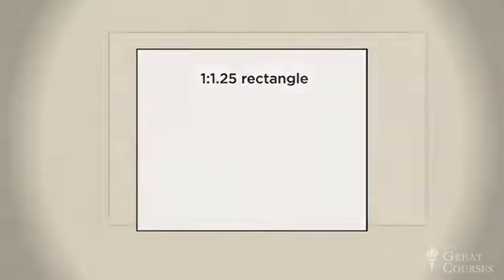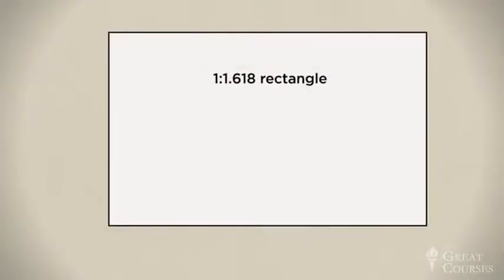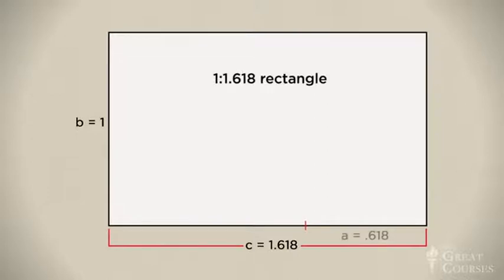In the golden rectangle, there's a real relationship, but it's somewhat complex. The height, B's relationship to the overall width, C, is the same as A's relationship to the height B. And A is the remainder if we subtract the height B from the total width C. So they're intimately connected.